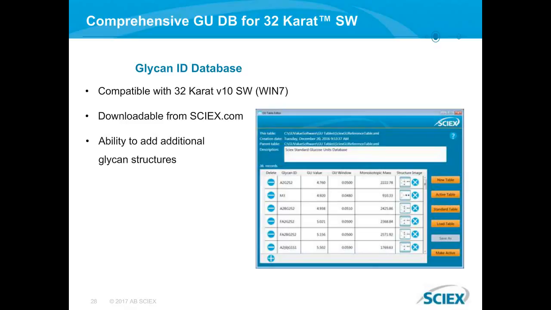So if somebody is using the original database downloaded from the SCIEX website, they can add additional structures for their own components. Initially it will contain just the main IgG glycan types, 39 glycans as a matter of fact, but if somebody has other glycans, they can easily add them to that database and do the search accordingly.